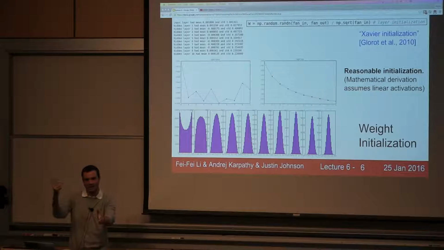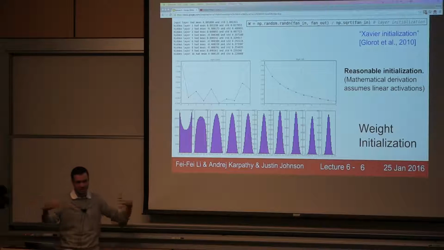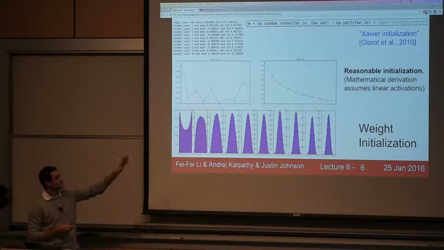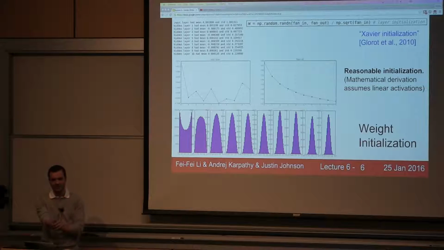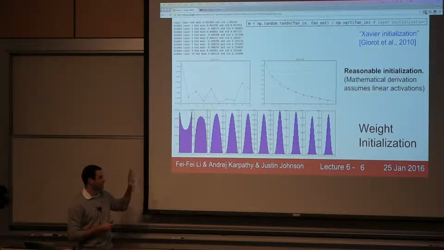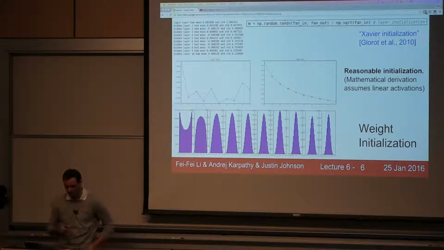And if you set that scale slightly too high, then all of them will explode instead. So you end up with either supersaturated networks, or networks that just output all zeros. That scale is a very tricky thing to set. We looked into the Xavier initialization, which gives you a reasonable thing to use, and gives you roughly good distributions of activations throughout the network in the beginning of training.